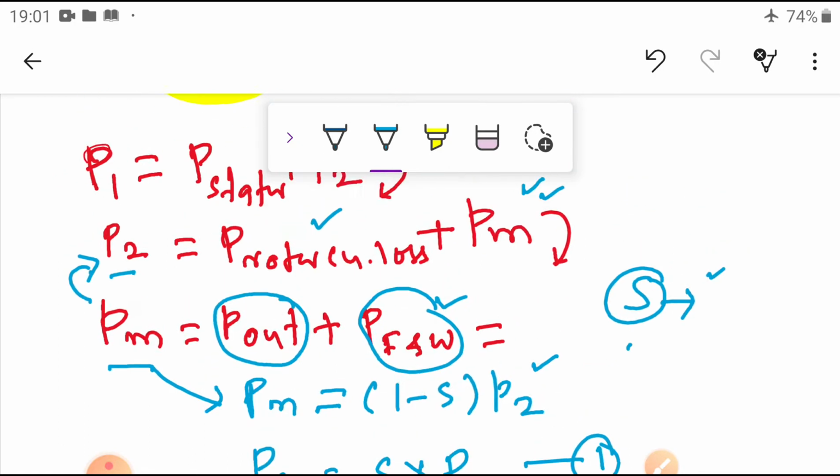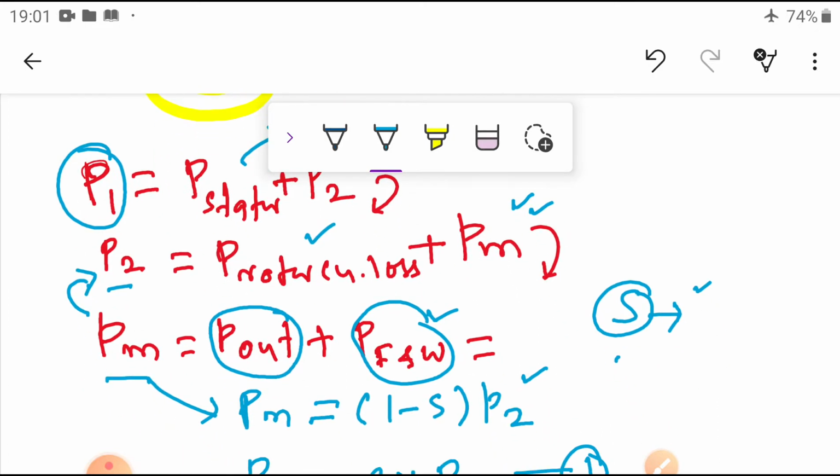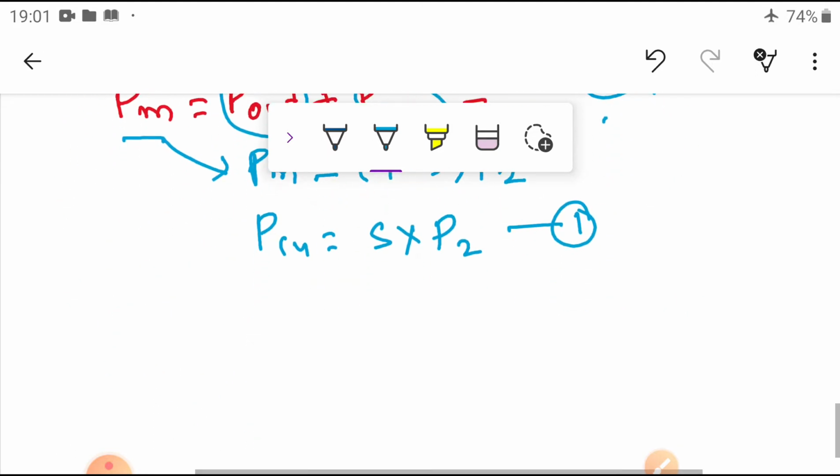Then what happens? I know this P2, and the stator copper loss is given. Adding these two values, we get P1, the total input power of the motor. If you know the P1, I can easily calculate the I1. What is the formula?